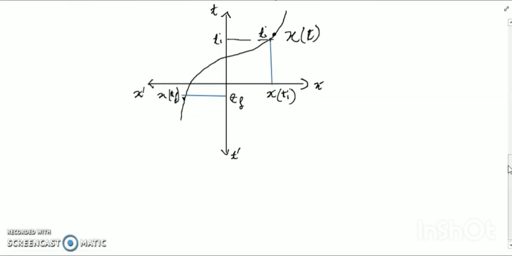Okay, so what is the right trajectory through which the particle will move?